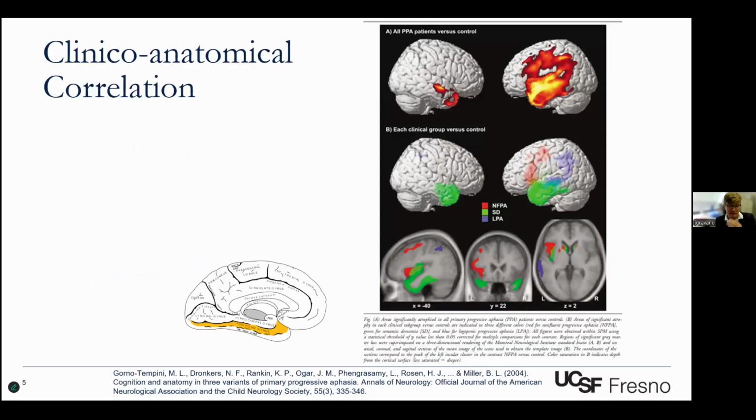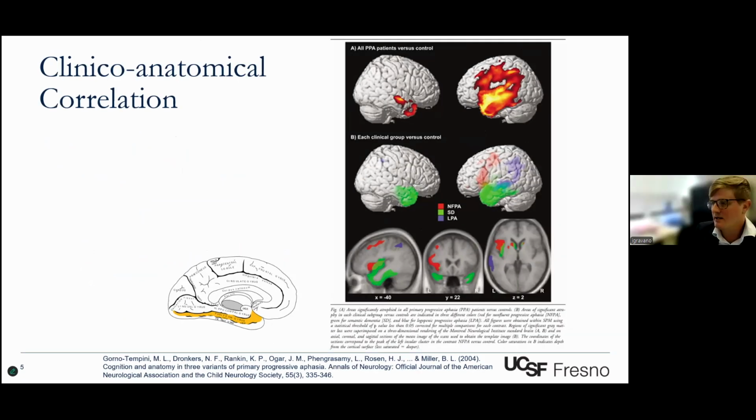So the syndromes that we're going to talk about primarily come from observation that patients present in some predictable ways. This article from 2004, Gorno-Tempini et al., highlighted some of the discussions in the literature of different presentations of primary progressive aphasia, and put it into a neat package with an understanding of a clinical anatomical correlation between these syndromes.